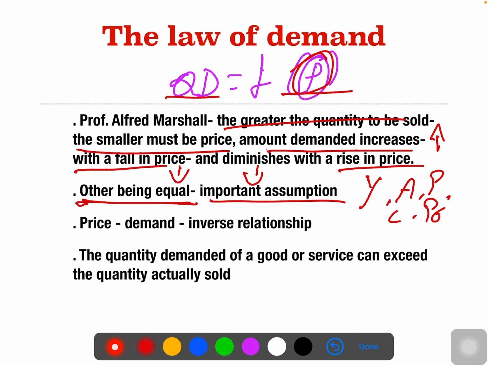What this is trying to say is that price and demand have an inverse relationship. What is the meaning of an inverse relationship in this case? When the price increases, the quantity of the good we demand will be less. Price and demand are moving in opposite directions.